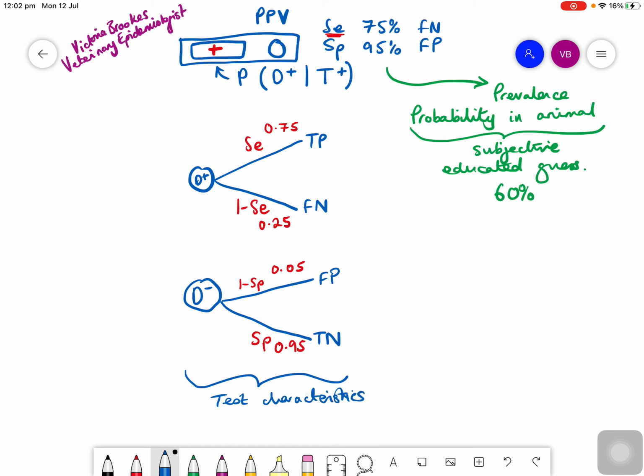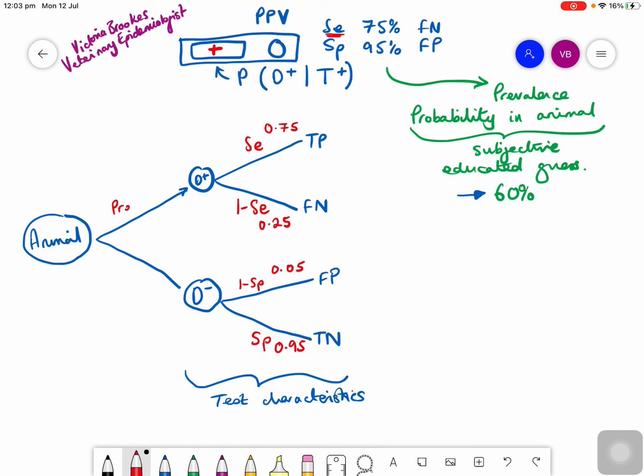Test characteristics. Now, what about the animal characteristics? So we have our animal over here, and even given our test result, we know that the animal either does have the disease or it doesn't have the disease. So the probability of the animal having the disease is our pre-test probability, or probability in the individual animal, or the prevalence of the disease, which in this case we've made 60%.